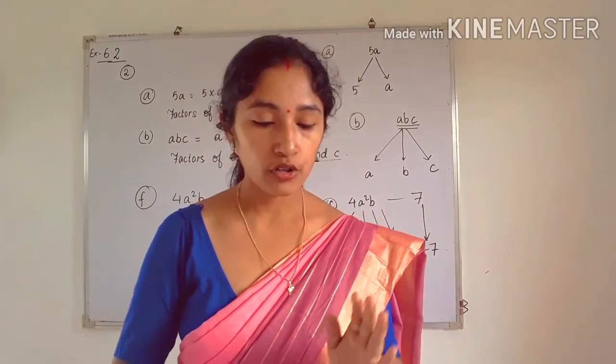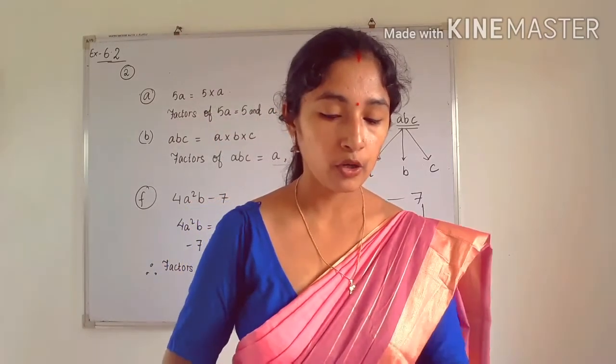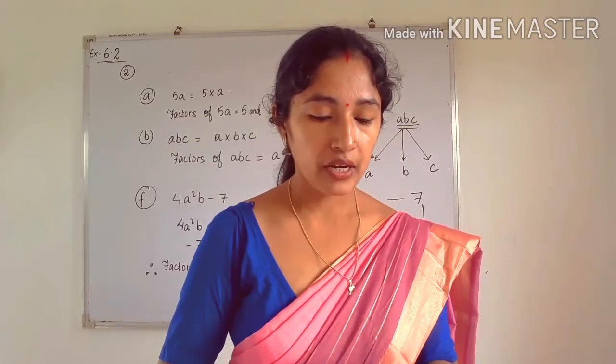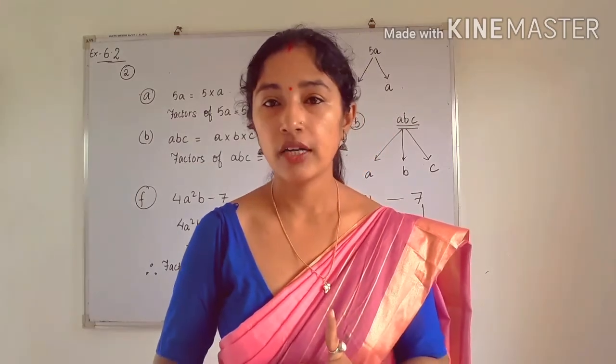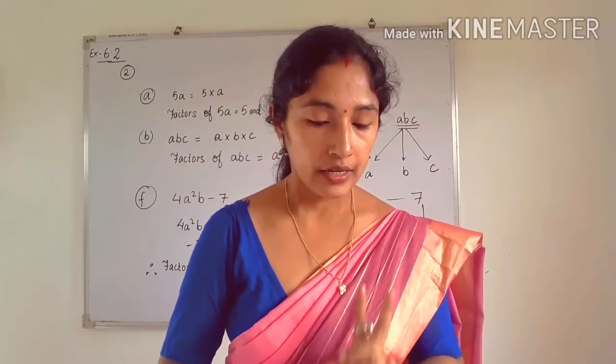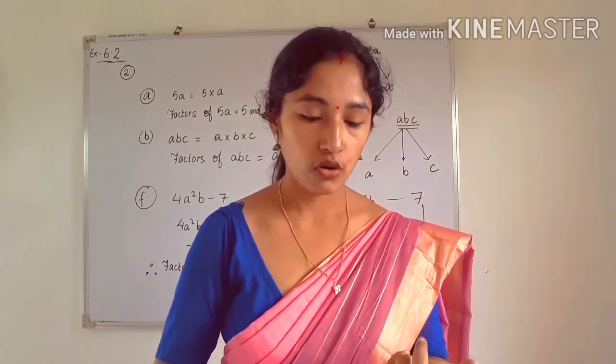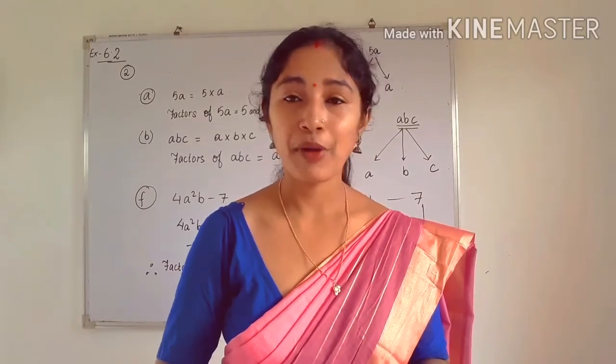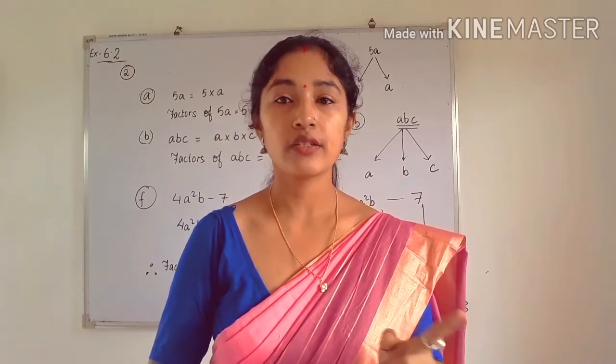Next is number 4, you have to classify as monomial, binomial and trinomial. Number A is 5x, only one term is there, therefore it is called monomial. Number B is also monomial. Number C will be binomial because there are 2 terms, 2x and y.